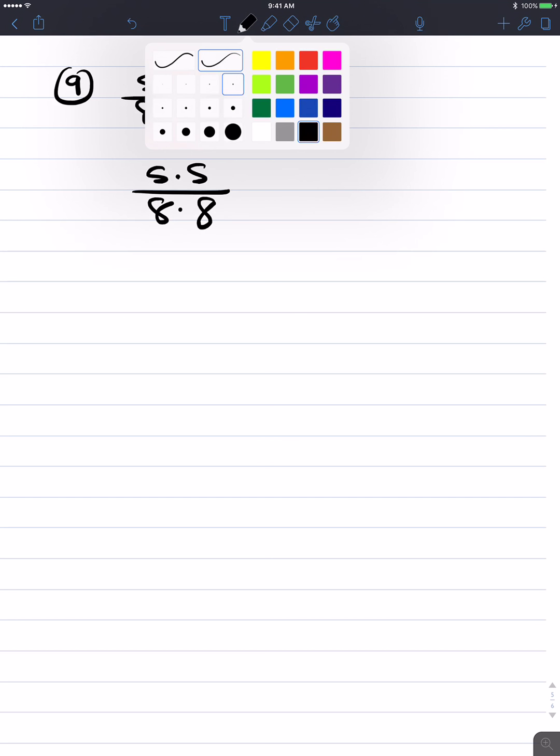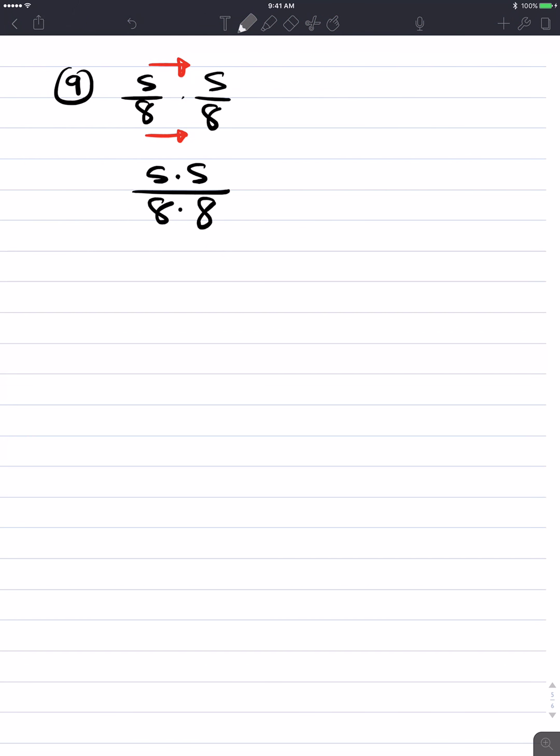Notice if we're to break down the 8 into its primes, you would get 2 times 2 times 2 for the first 8, 2 times 2 times 2 for the second 8. The point being, the top has 5s. There's 2 5s there. The bottom is just a string of twos.